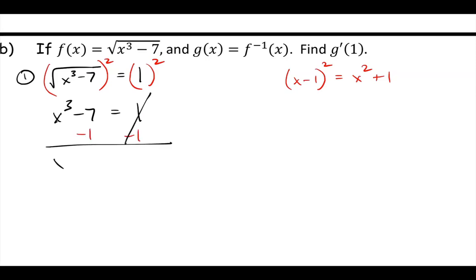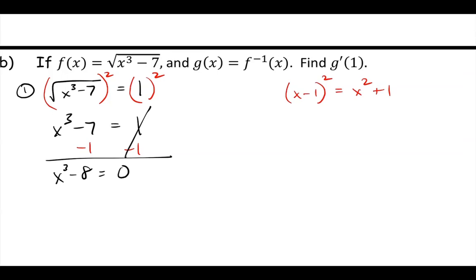x cubed minus 8 equals 0. How do I solve for x now? Still haven't solved for x. Step 1, still not done. Isn't there just 1 x here? Before there were 2 x's, so I couldn't get x by itself.